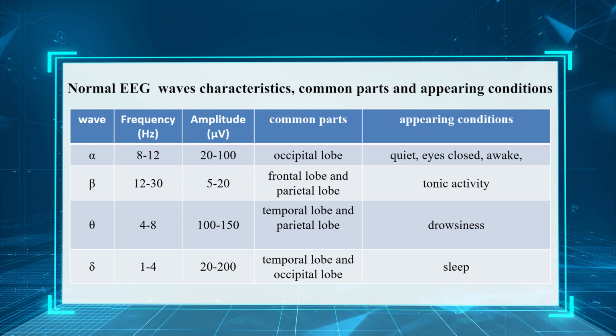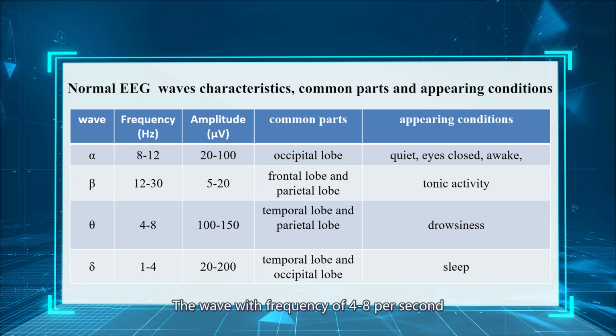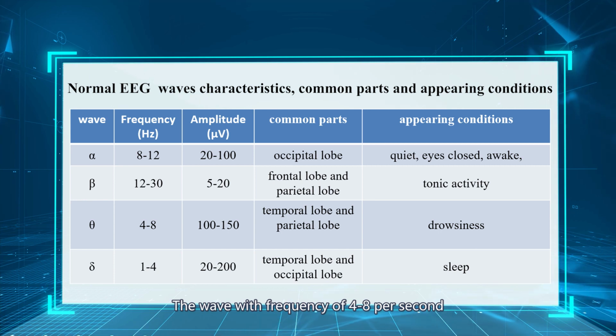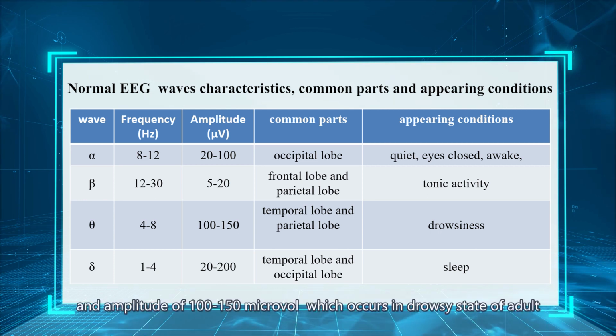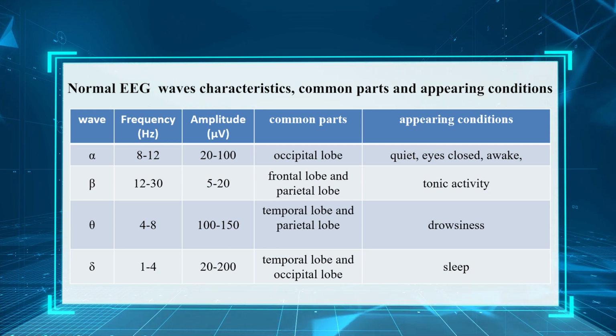Theta wave. The wave with frequency of 4 to 8 Hz and amplitude of 100 to 150 microvolts, which occurs in the drowsy state of adults.